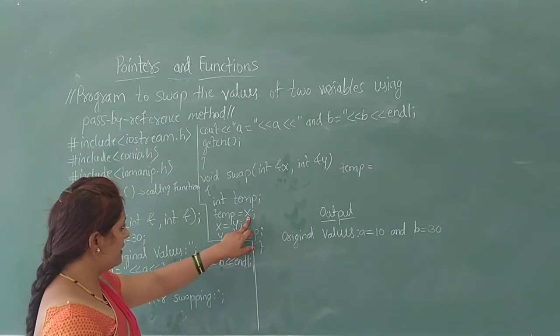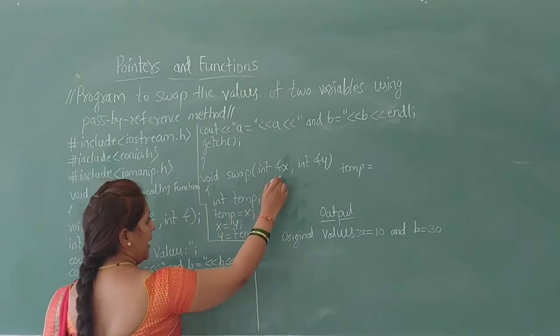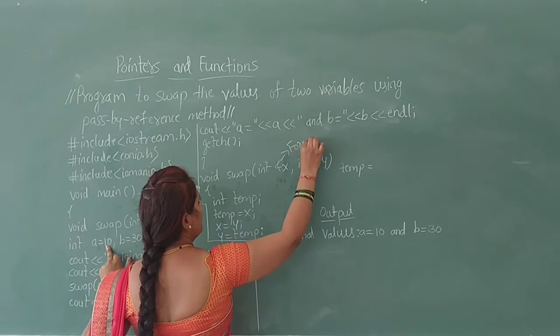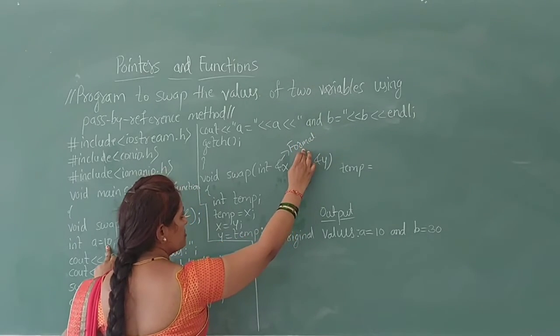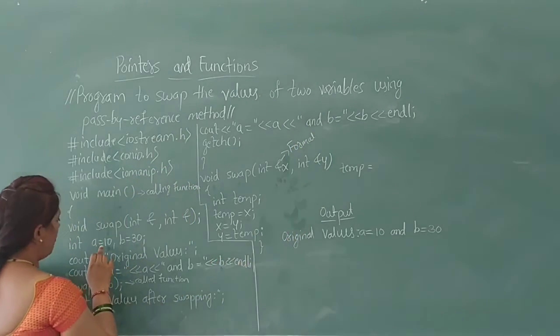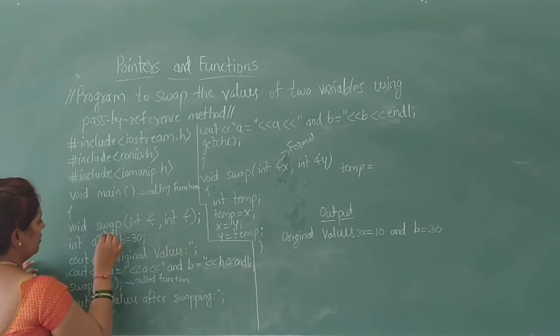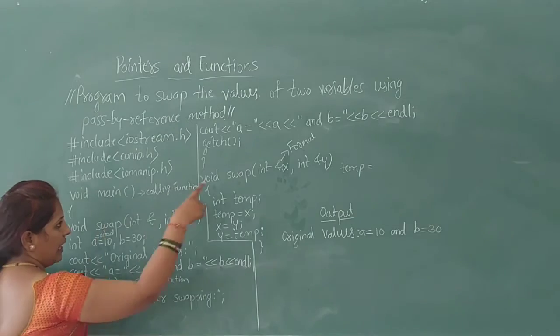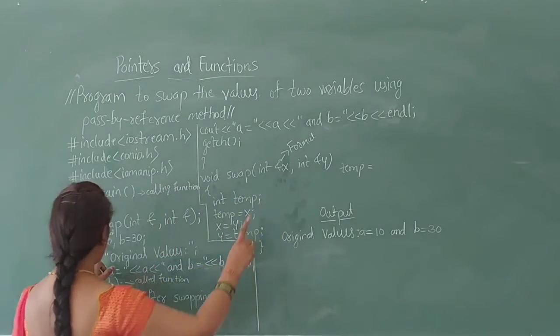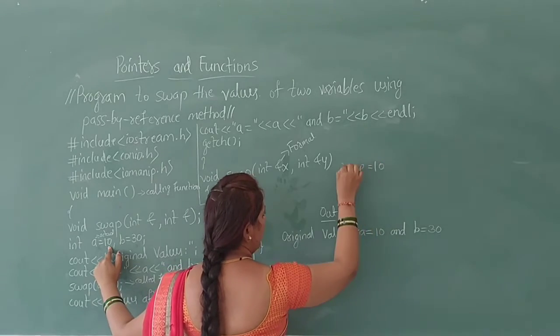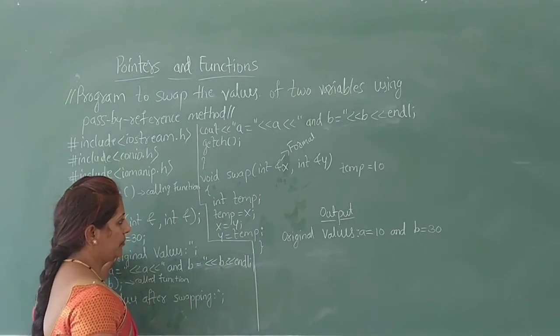The x value is 10 because x is called a formal argument and it references the value from the actual argument a, meaning x is holding the value 10. The 10 is assigned to the variable temp.